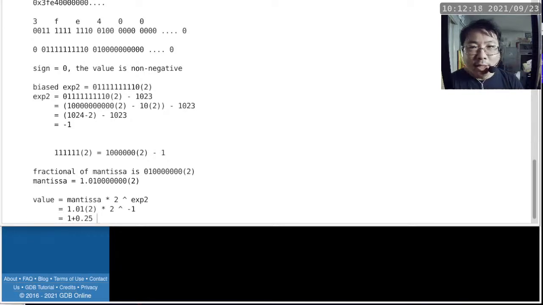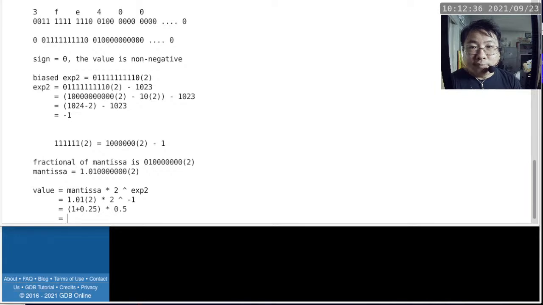It is all good because I forgot that I have to multiply the whole thing with 2 to the power of negative 1, which is basically just 0.5, right? So now we have 1.25 times 0.5, and that turns out to be exactly 0.625. So we got our value back.